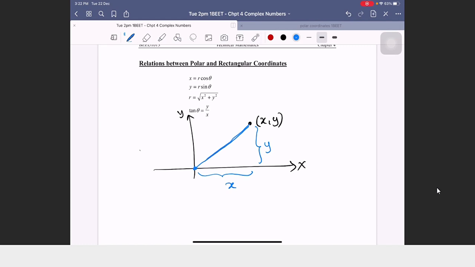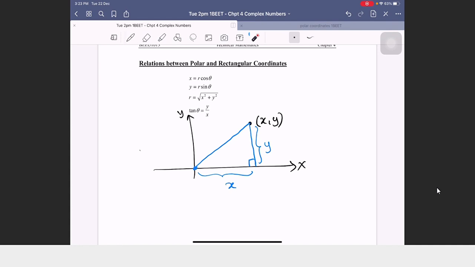This is x unit length and this is y unit length. That is my point on the rectangular coordinate system.